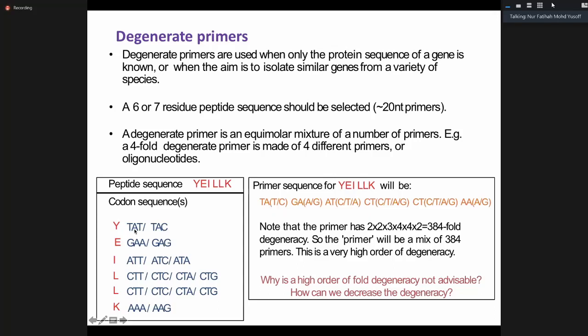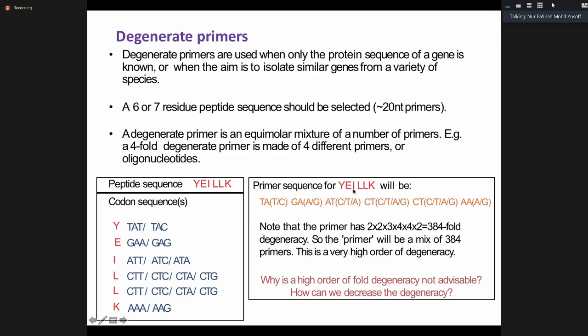The first 2 nucleotides are TA, but the third position is T or C. And then E: the first and second are GA, but the third can be either A or G. So for E, it will be A or G. Do you get it?